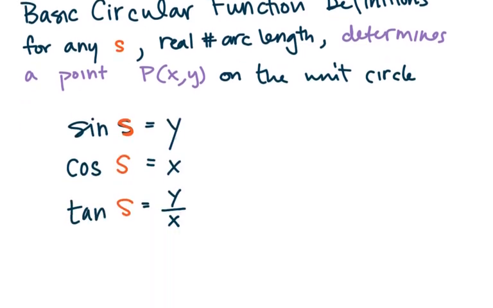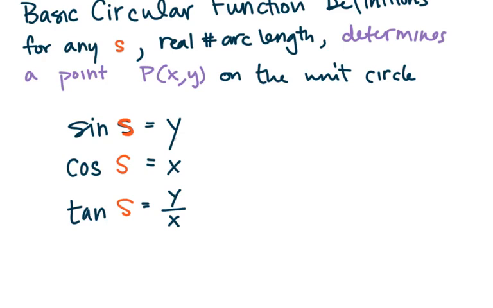So I don't need to write divide by 1 for both of these. So really it's still SOHCAHTOA. It's just written a little bit differently. And so this is why we're going to use sine equal to the y value and cosine equal to the x value on our unit circle.